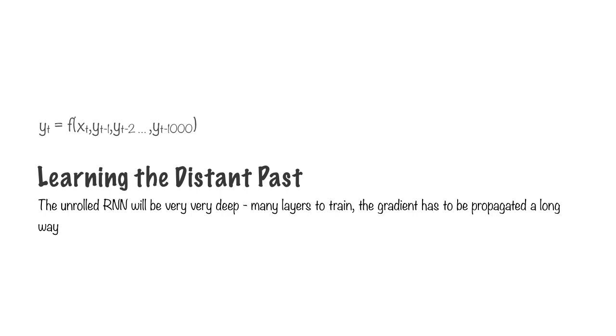This means that your unrolled recurrent neural network will be 1,000 layers deep. And when you train such a deep neural network with so many layers, it exacerbates all the problems that you had when you trained regular neural networks that were far shallower. The gradient from the output has to be propagated back a very, very long way.